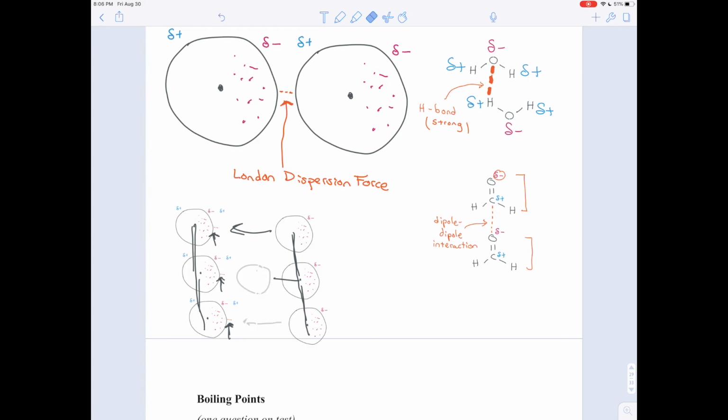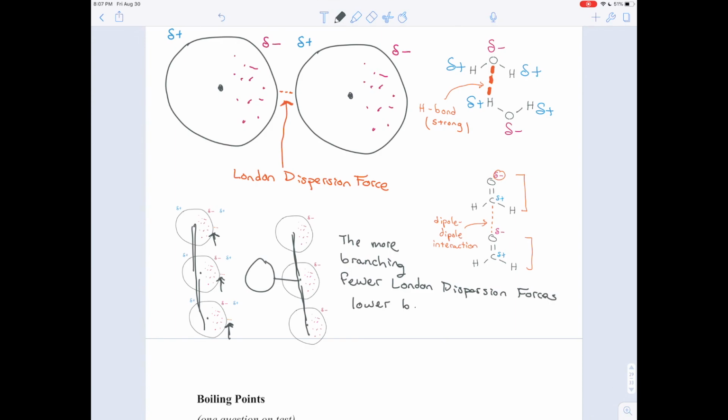So the principle you want to remember is that the more branching, the less the atoms come into contact with each other, the harder it is for them to all line up and come into contact with each other, so you have fewer London dispersion forces. And the molecules don't stick together as much. And if they don't stick together as much, it's easier to rip them apart and they have a lower boiling point.